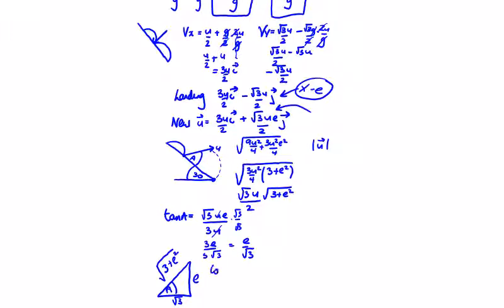So now the cos of A is root 3 over the square root of 3 plus e squared, and the sine of A is going to be opposite e over the square root of 3 plus e squared.